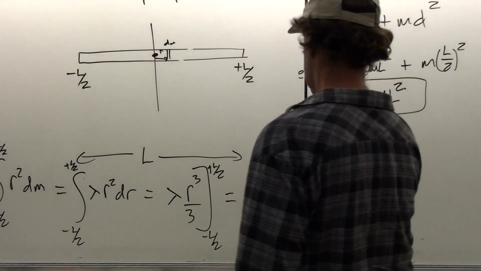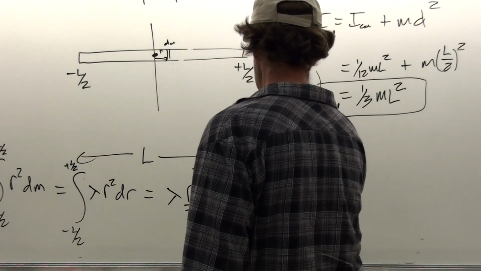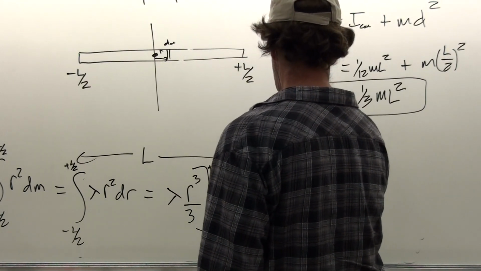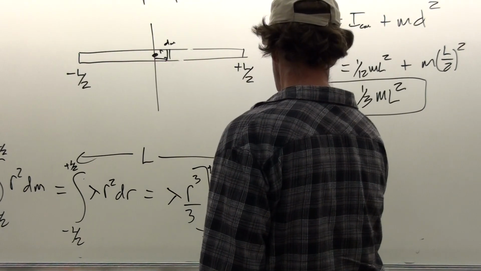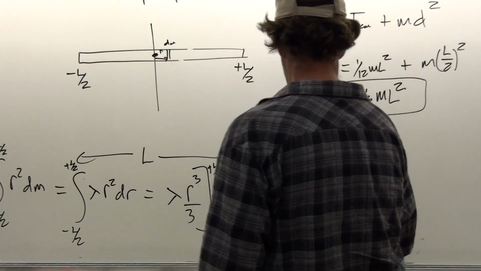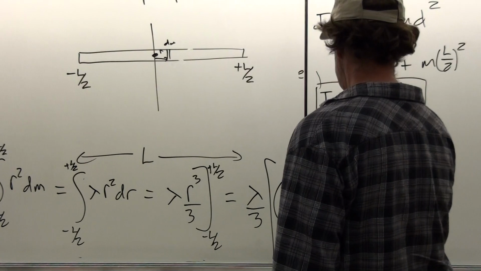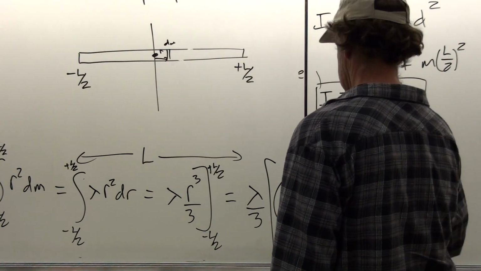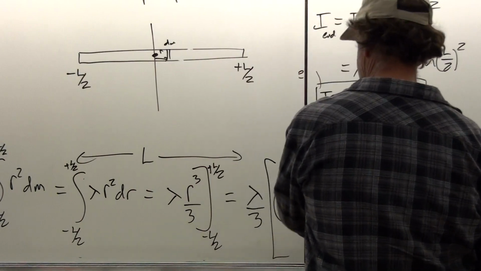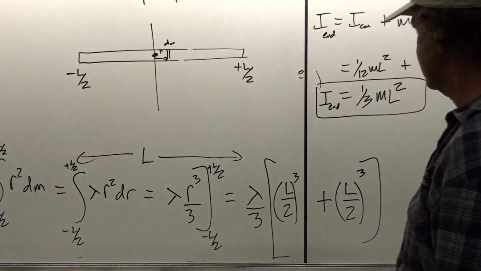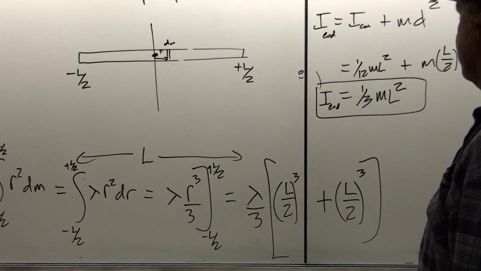Okay, and so this is going to be lambda over 3. Those are two factors that stay constant, times L over 2 cubed minus a negative L over 2 cubed, right? Because this is minus, and when you integrate, you're doing it between the endpoints, and so you subtract a negative. So it gives you two of those things.